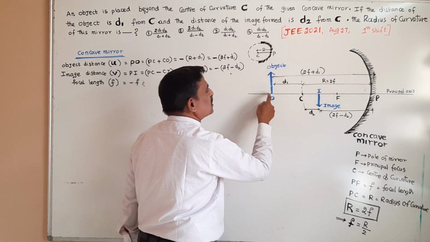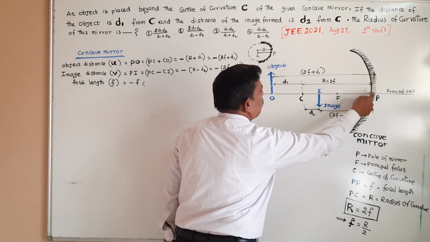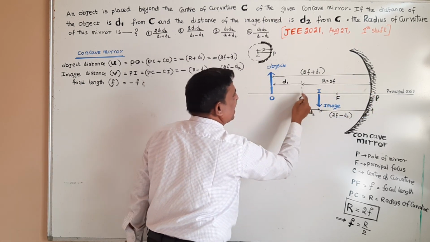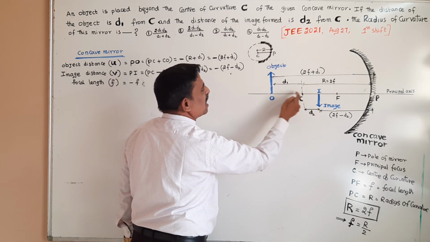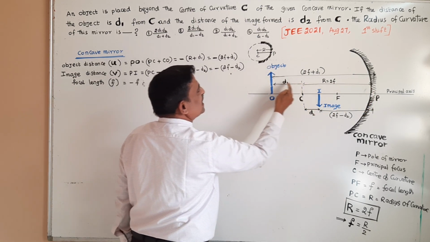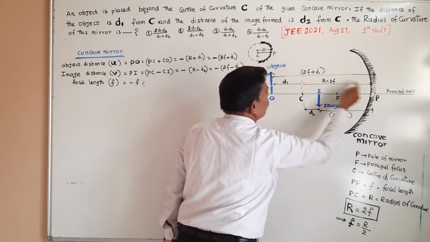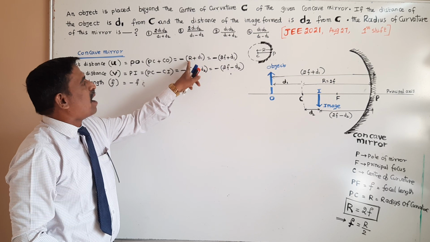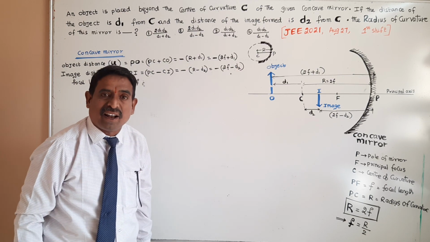PO we call the object distance. PO can be written as PC plus OC. PC is the radius of curvature r, plus the distance between object and center of curvature, d1. So it is r plus d1, and r is nothing but 2f, so 2f plus d1.